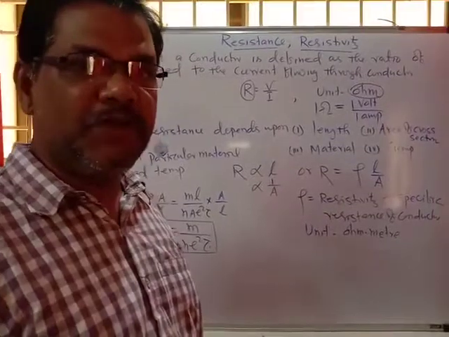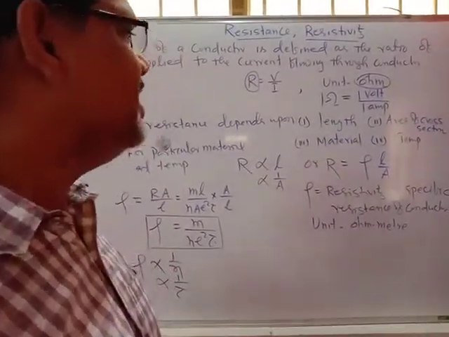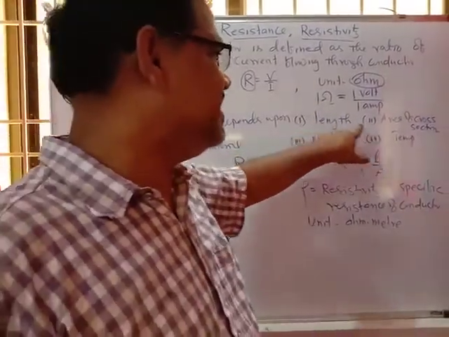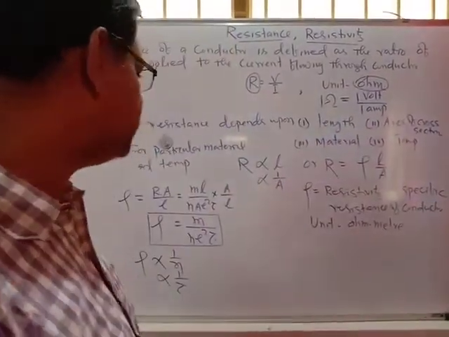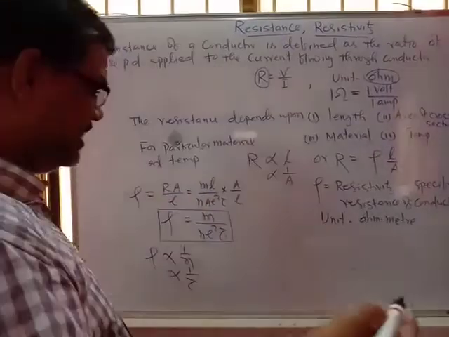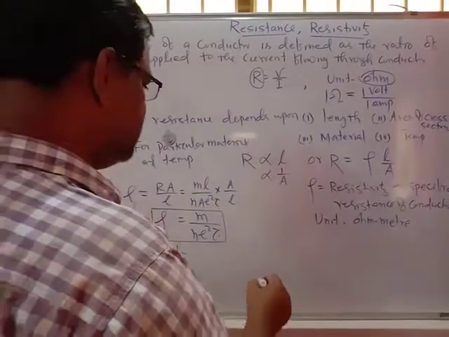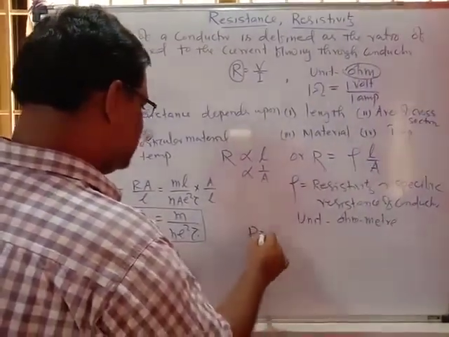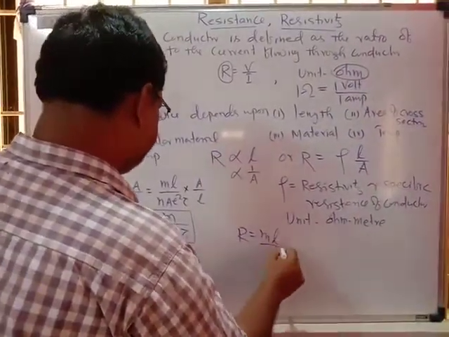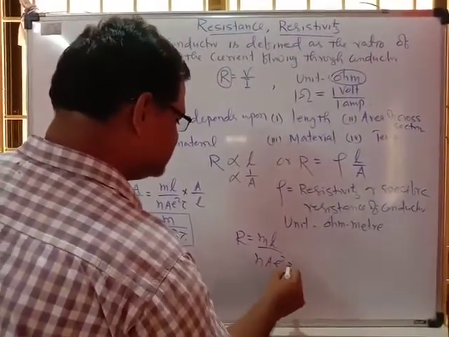If the temperature is increased or decreased, the resistance also varies, and it depends upon the length and the area of cross section. From the relaxation time expression, you know that R equals ml upon n A square into relaxation time.